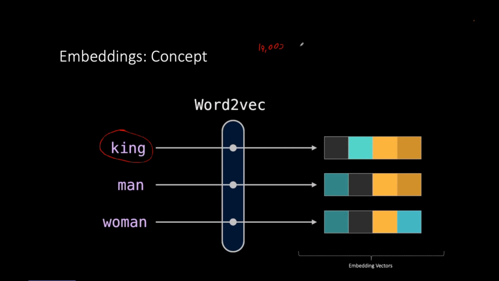Instead of having vectors that have almost 10,000 zeros and one position where it's one, so the vector has length 10,000, what you could have is an embedding, which is a smaller vector, and it has different numbers that are not restricted to 0 or 1.